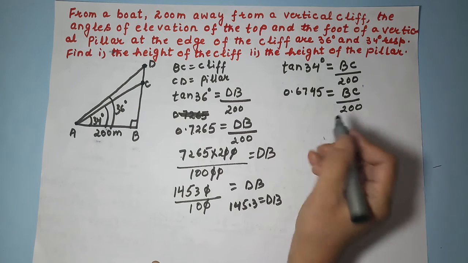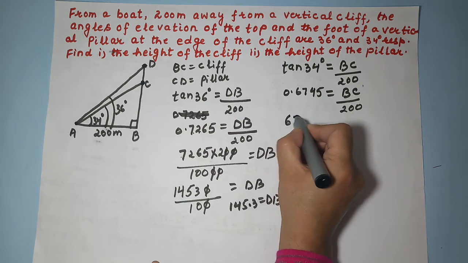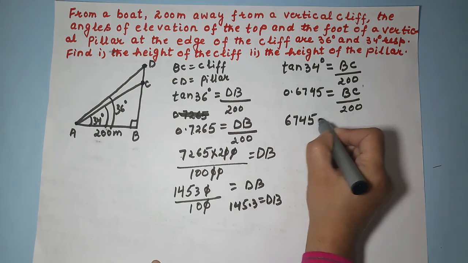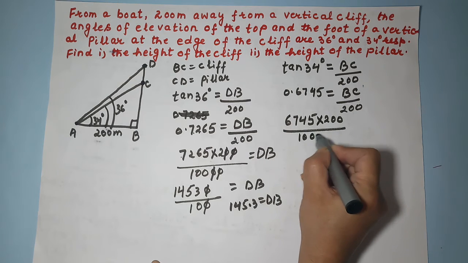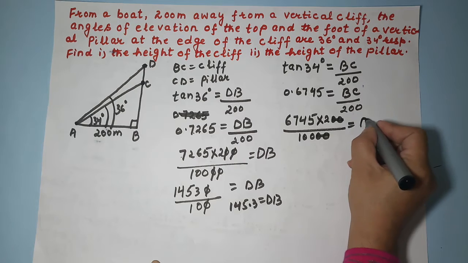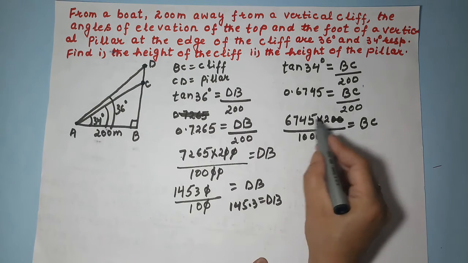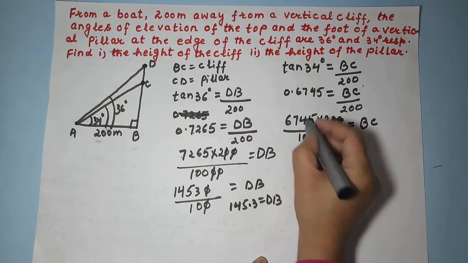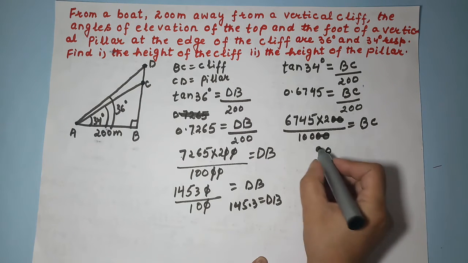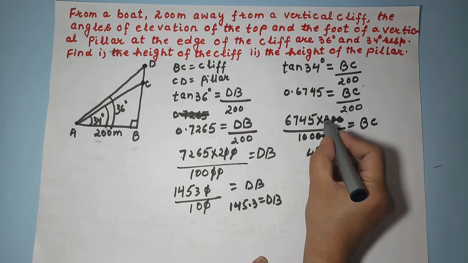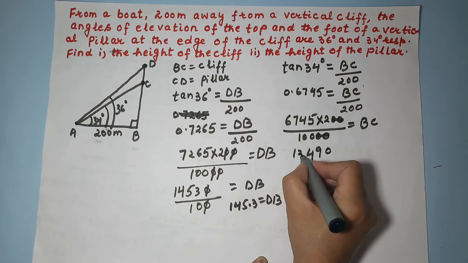Let me cross multiply. I will get 6745 into 200 divided by 10000. These two zeros will go, is equal to BC. Now 2 5s are 10, 1 carry, 2 4s are 8 and 1 is 9, 2 7s are 14, 1 carry, 2 6s are 12 and 1 is 13.